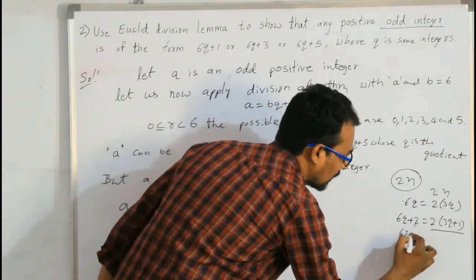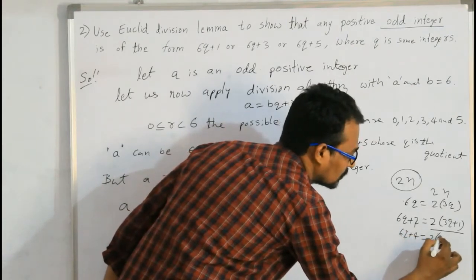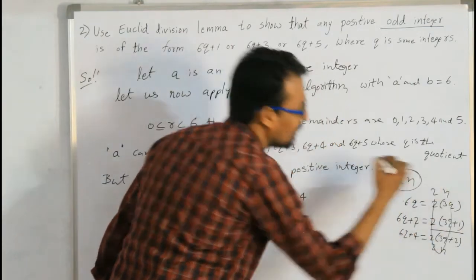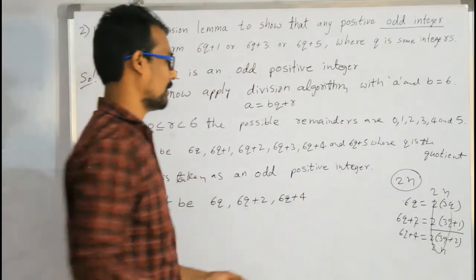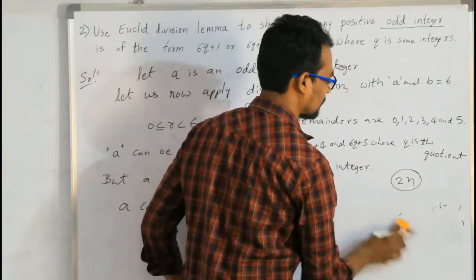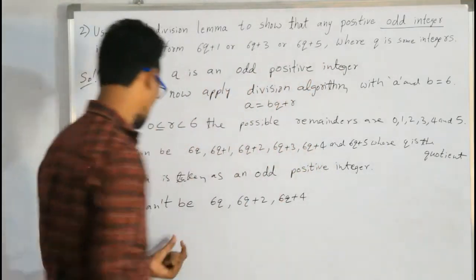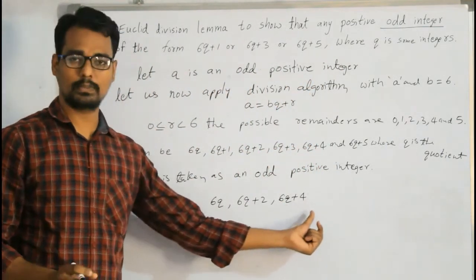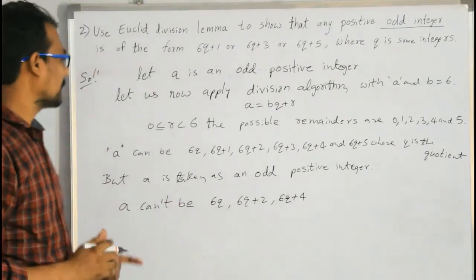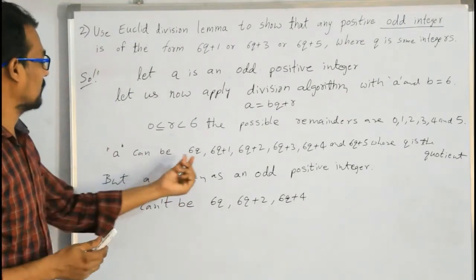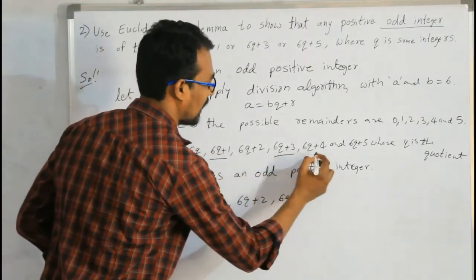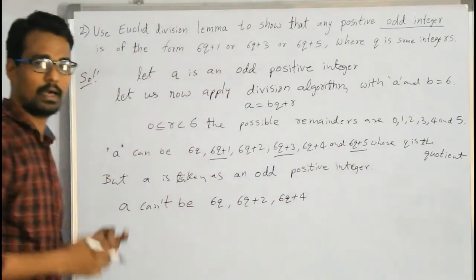And 6q + 4 equals 2 into (3q + 2), so it is also the 2 into n form. So these are even numbers, not odd numbers. So a cannot be 6q, 6q + 2 or 6q + 4. Then the remaining terms, 6q + 1, 6q + 3 and 6q + 5, are odd numbers.